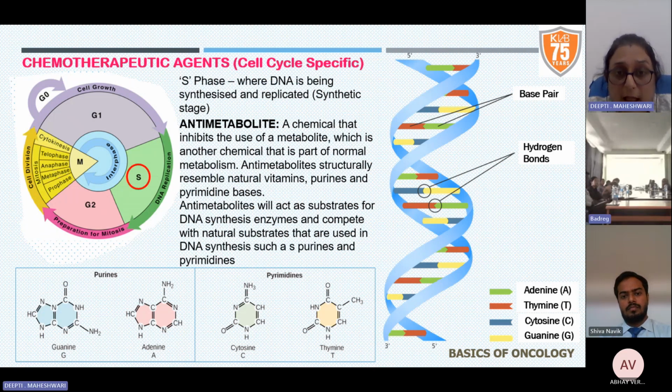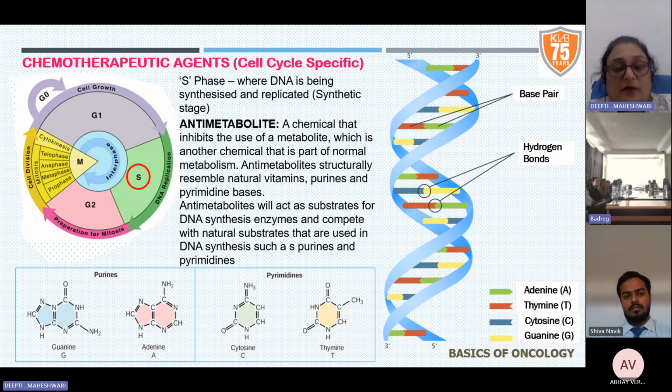Now, when these chemotherapeutic agents enter, they resemble these metabolites. They will resemble the vitamins, or the purines, or the pyrimidine bases. So if they resemble them, what happens? They have already entered the human body or the cell. The cell will feel it is a normal purine or a normal pyrimidine, so it will take it up.